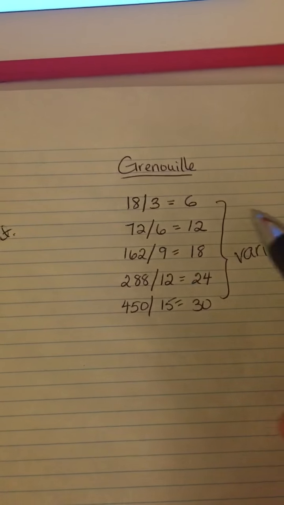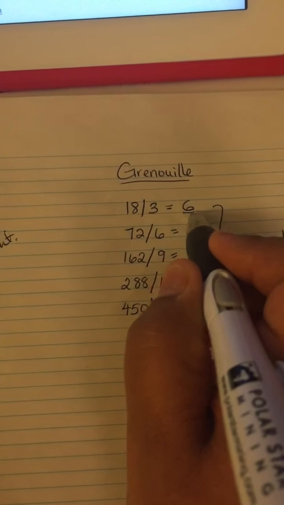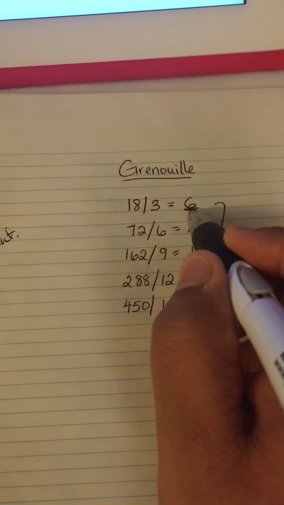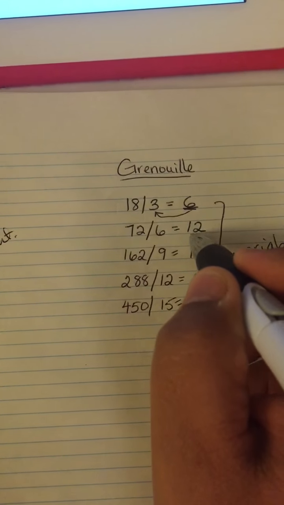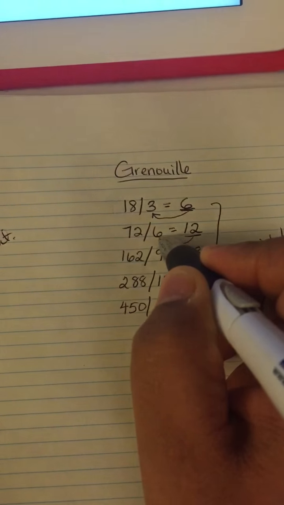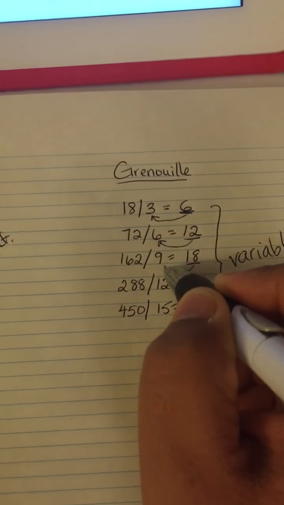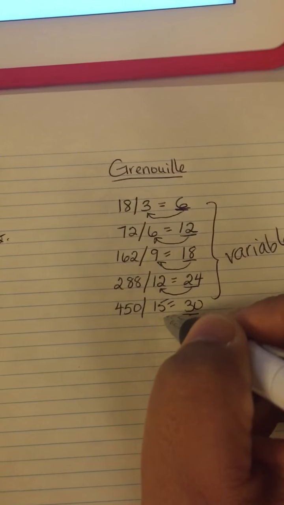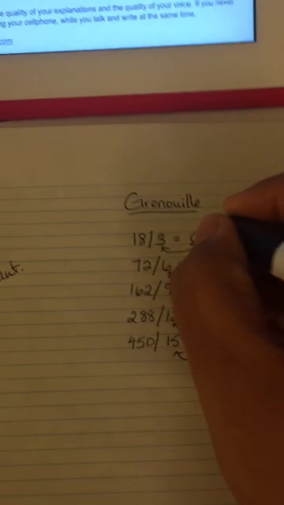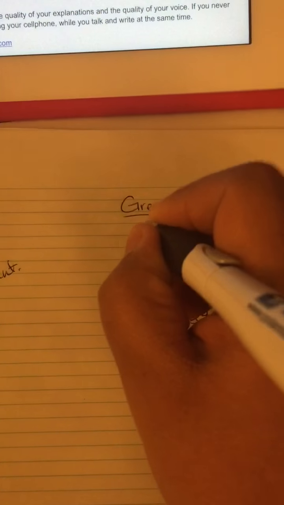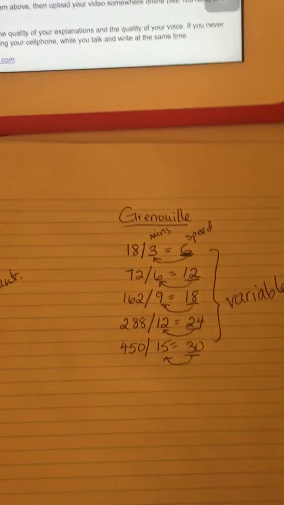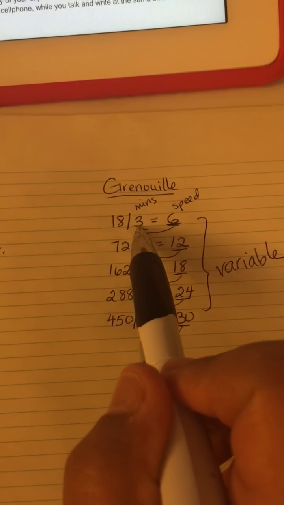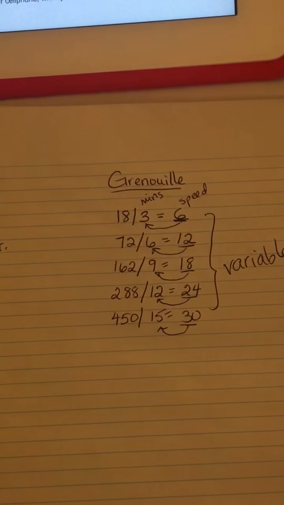So when I take a look at the speed and the minutes, I'm just going to focus on speeds and minutes. I hope you can see that there seems to be a relationship between the speed and my minutes. The speed is exactly double the number of minutes he's run.